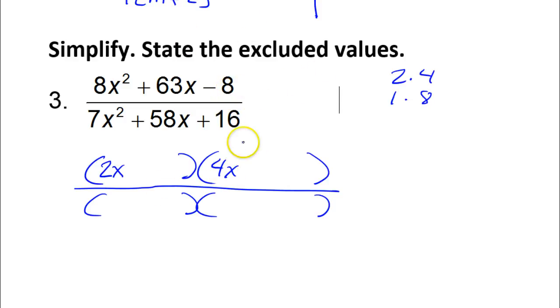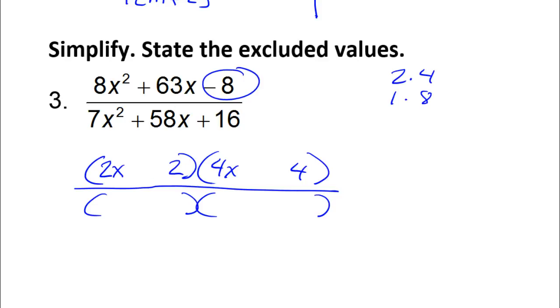And the reason why I know it's not going to work out is because next I'm supposed to look at this 8. And again, that's going to either be 2 times 4 or 1 times 8. But I also know that I can't have a GCF inside the parentheses. So, for example, if I try to do 2 times 4 here, I have GCFs everywhere.